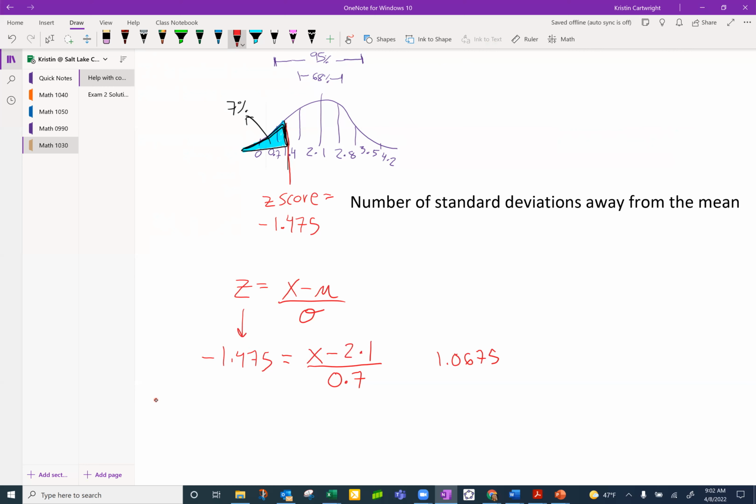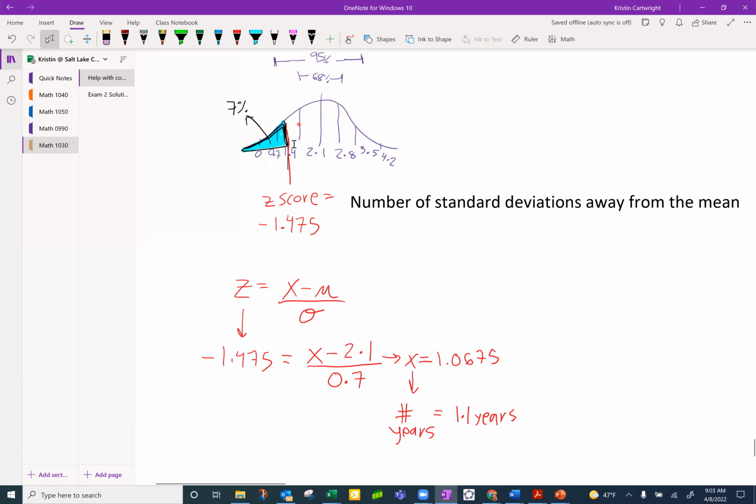So x equals 1.0675. x stands for the number of years for this question. It says to round to 1 decimal place, so we'll say 1.1 years. That should make sense because it was more than one standard deviation from the mean.